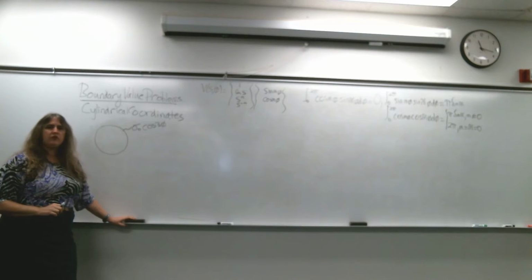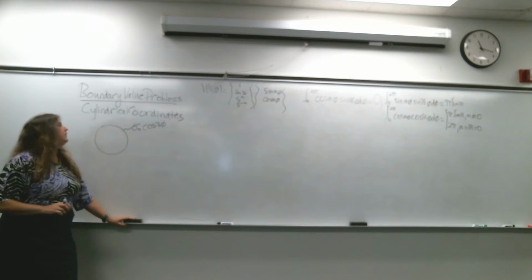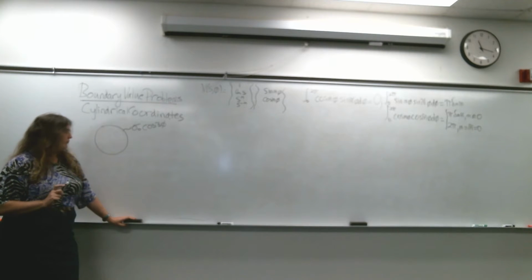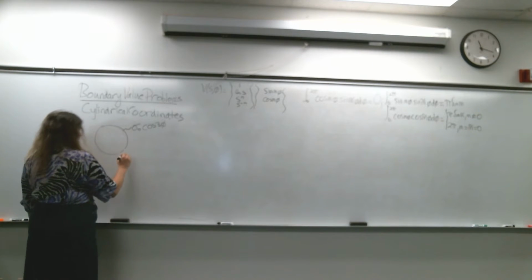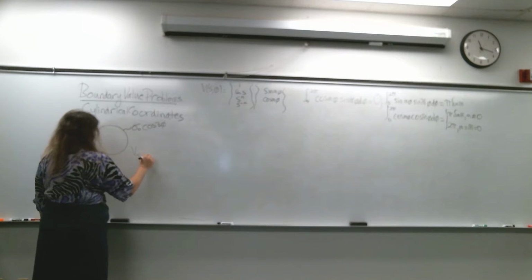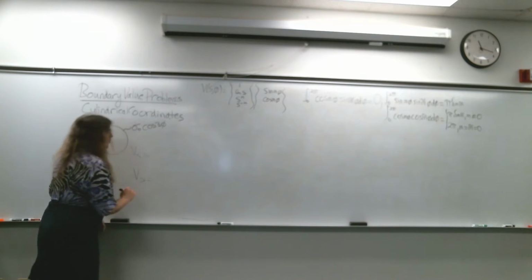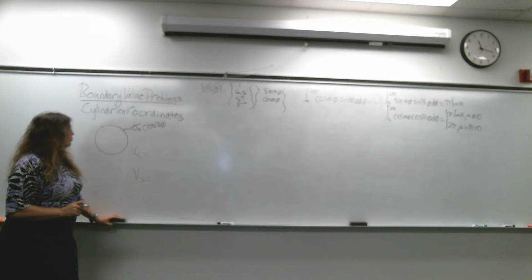The way you apply the boundary conditions in this case is a little bit different from the previous problem. So let's write down our solution. Let's look at the interior region, and let's write down an expression for the exterior region as well.